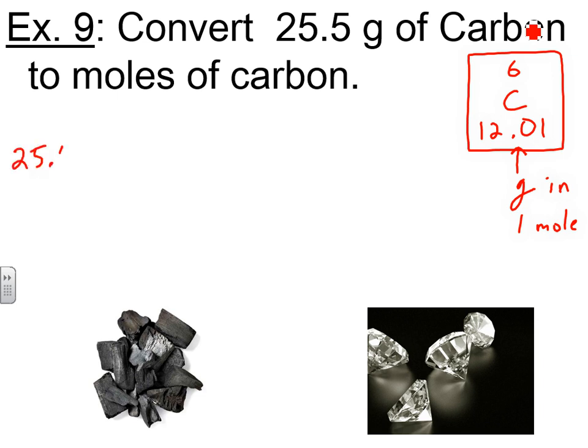In this case, I would recommend that you label which element you're dealing with because each element will have a different mass from the periodic table. So grams of carbon down below, moles of carbon up above. The relationship here now is 1 mole of carbon is 12.01 grams of carbon. So 1 mole is 12.01 grams.